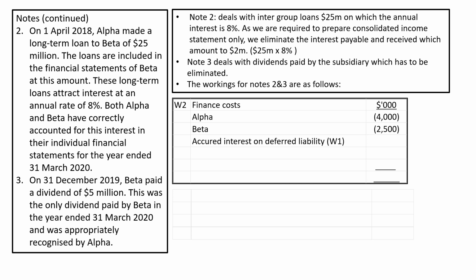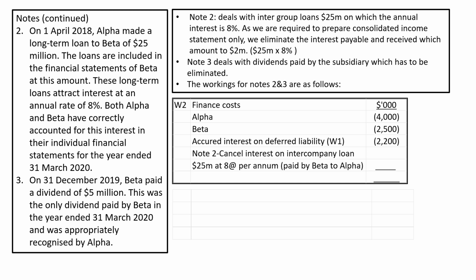If we go back and look at the accrued interest on deferred liability, which is in working 1, which is 2.2 million. And finally, we cancel the interest on intercompany loan at 8% paid by Beta to Alpha of 2 million, and that gives us a total of 6.7 million for finance costs.